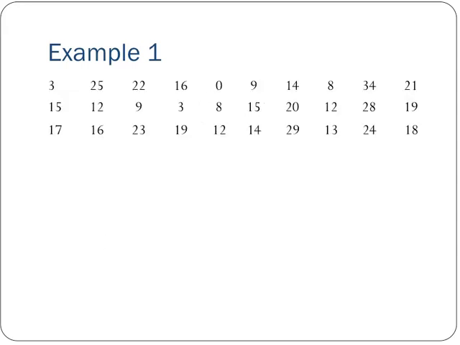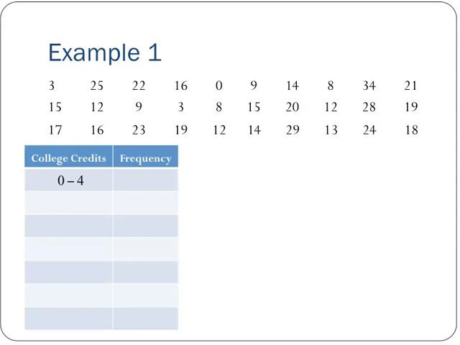So take all that data, and it said to group the data into intervals starting from 0 to 4. So I'm going to start off with that 0 to 4 college credits, and then I'm going to go up, so 5 to 9 for the next grouping. Now you want to keep your groupings to be the same length. So going from 0 to 4 to 5 to 9, that's the same length.